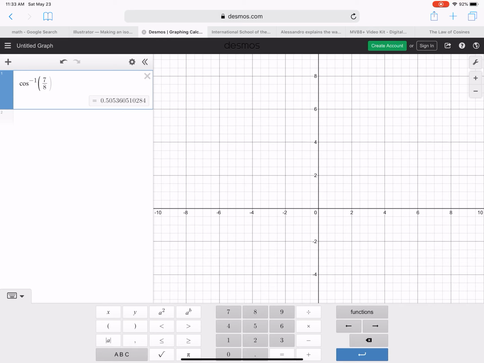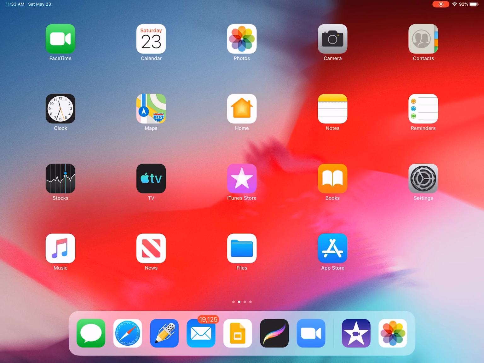What we get is radian. We need to change into degree, so times 180 divided by pi. So that is the degree. 28.96. We round to 1 decimal place.